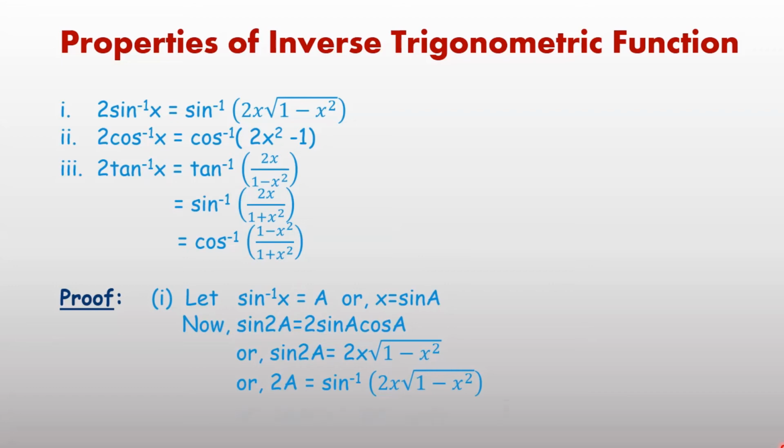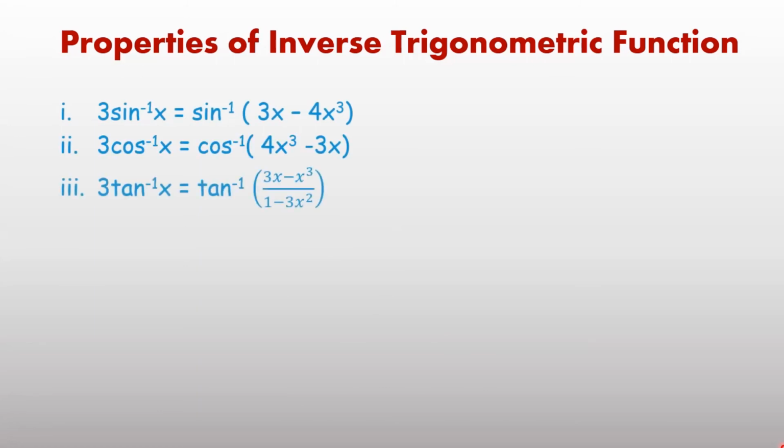Put the value of a, and you will get the result: 2 sin inverse x equals sin inverse of 2x under root 1 minus x square. Similarly, you can complete the proof of 2 cos inverse x or 2 tan inverse x. In case of 2 cos inverse x, you have to assume cos inverse x equals a, and in case of 2 tan inverse x, assume tan inverse x equals a. And then you can apply the formula of tan 2a, and after solving you will get the result.